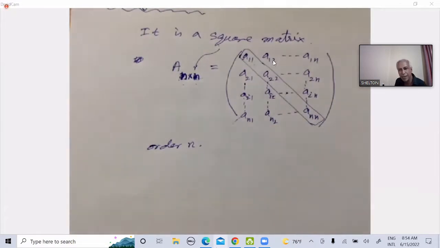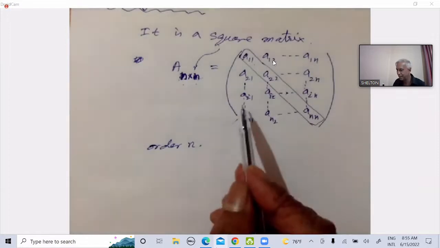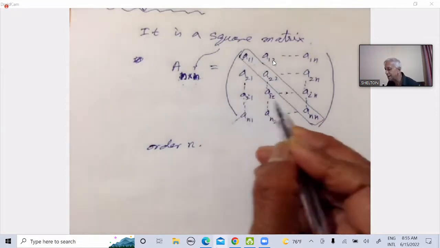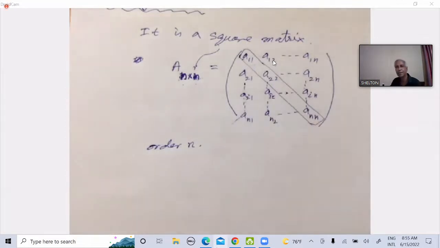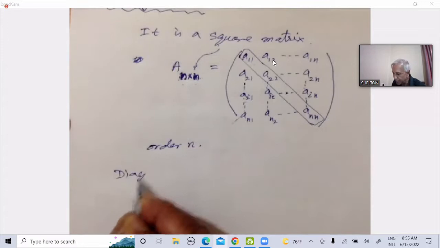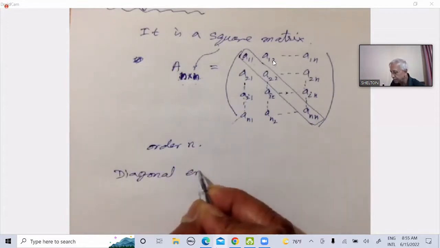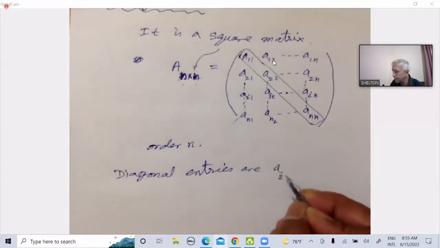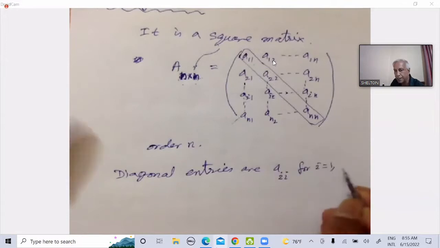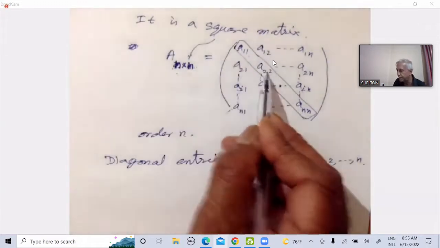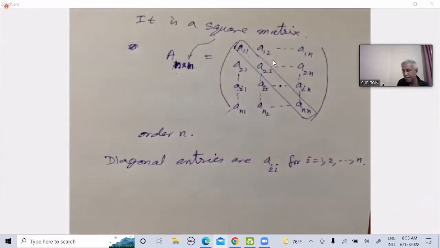So the diagonal entries are A11, A22, Aii, up to Ann. The diagonal entries are Aii for i going from 1 to n. They can be described by writing Aii.